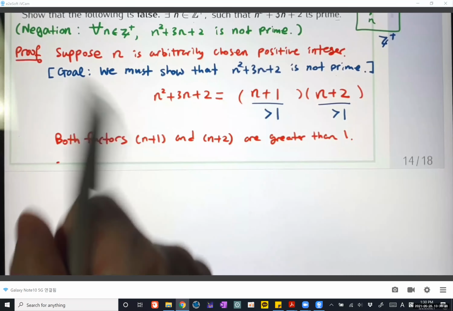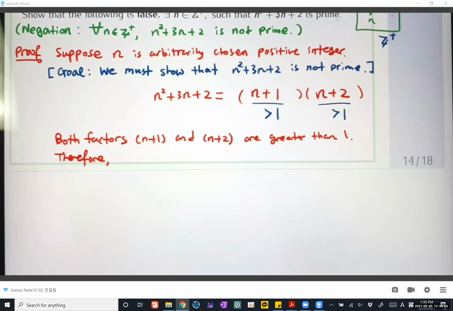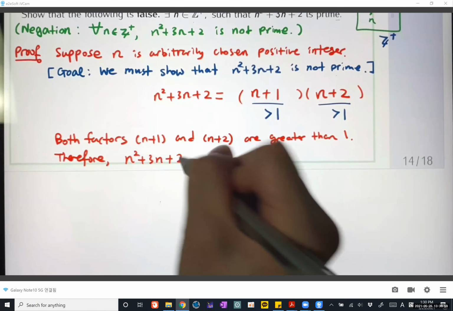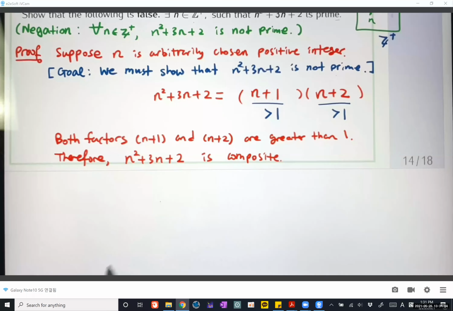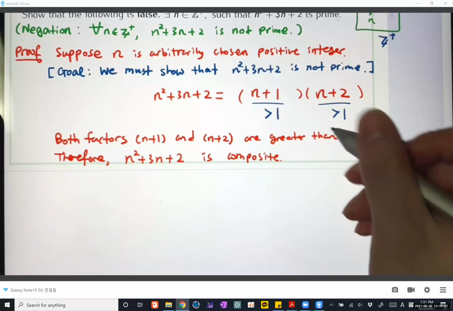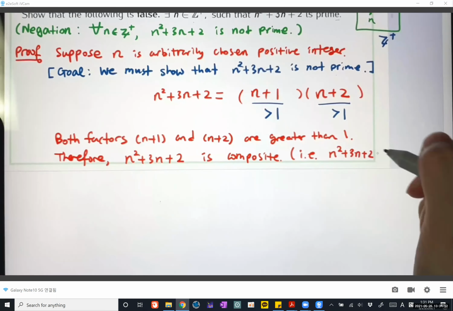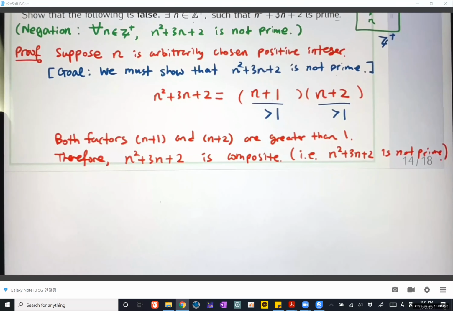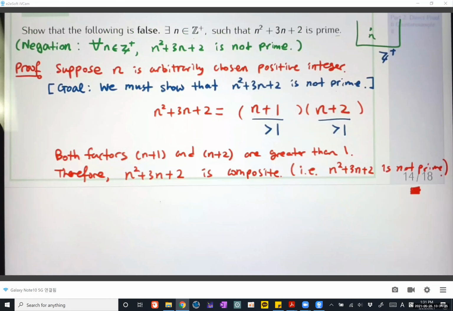Therefore, n squared plus 3n plus 2 must be a composite number. Whenever you hear the word composite, it's a negation of prime number. So, i.e., n squared plus 3n plus 2 is not prime. And this completes the proof of disproving that existential statement about n squared plus 3n plus 2 being prime.